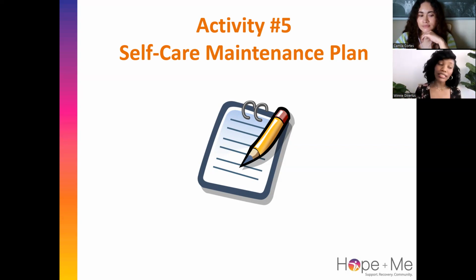Take a few minutes and complete this task. If you're not able to come up with some ideas right off the top of your head, it's fine, because once you complete this exercise, we are going to give you a few more examples that you can incorporate into your self-compassion maintenance plan. You are welcome to pause this video for now, and then you can return once you are finished.